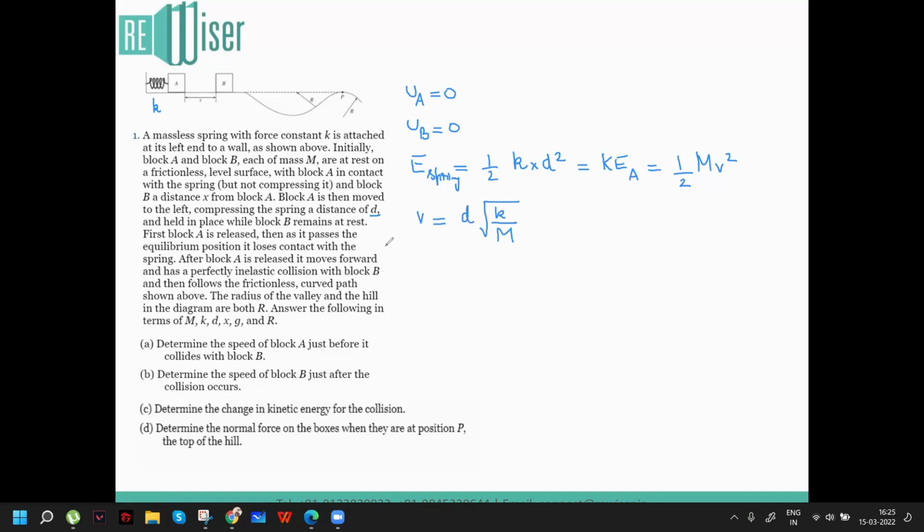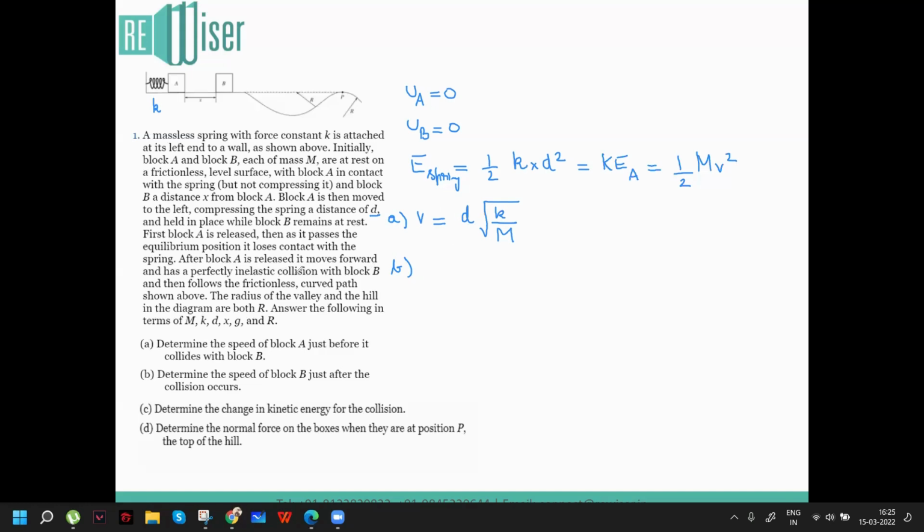Moving ahead, determine the speed of the block just after the collision occurs. To determine the speed of the block just after the collision occurs, we just have to equate the momentum before the collision and after the collision.